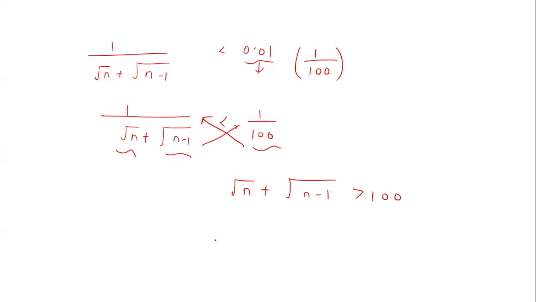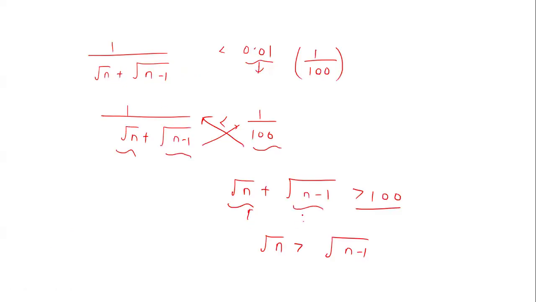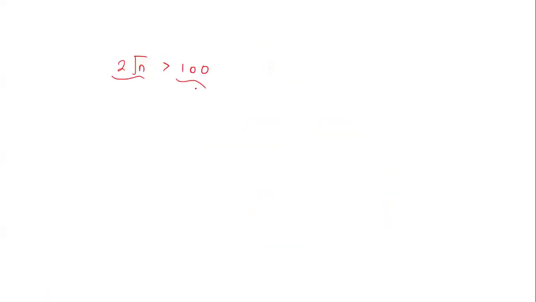We know that root of n plus root of n minus 1 is greater than 100, and we also know root of n is greater than root of n minus 1. So 2 times root of n must also be greater than 100, because if we replace root of n minus 1 by root of n, a larger quantity, the sum is still greater than 100.